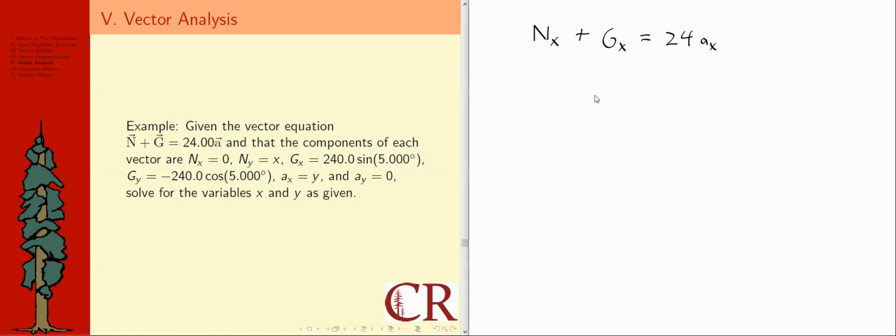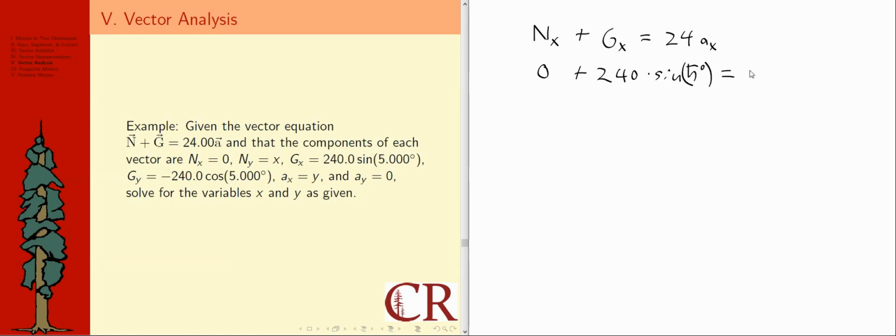And then maybe I could jump right in and already start doing something with it, because I can make the replacements. I can see that 0 is there for the x component of n, and then for the x component of g, we've got this crazy looking 240 multiplied by the sine of 5 degrees. I'm going to leave out all the extra placeholder zeros because I'm just remembering that tells me something about sig figs, but to make my work a little bit easier, I'm leaving them out.